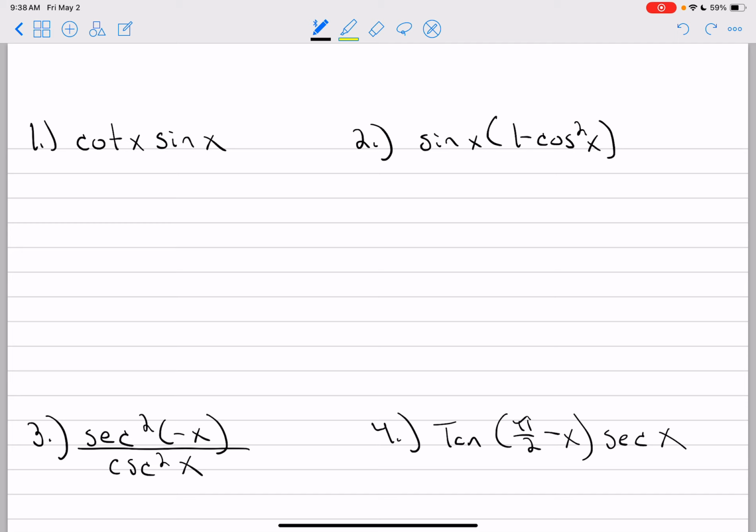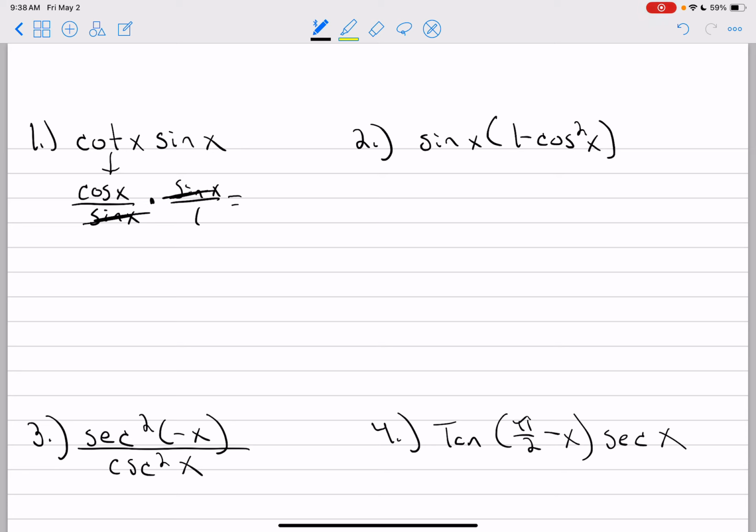So let's see here. Cotangent, I can call that cosine x over sine of x. And that times sine of x is just sine of x over 1. Aha, look at this.